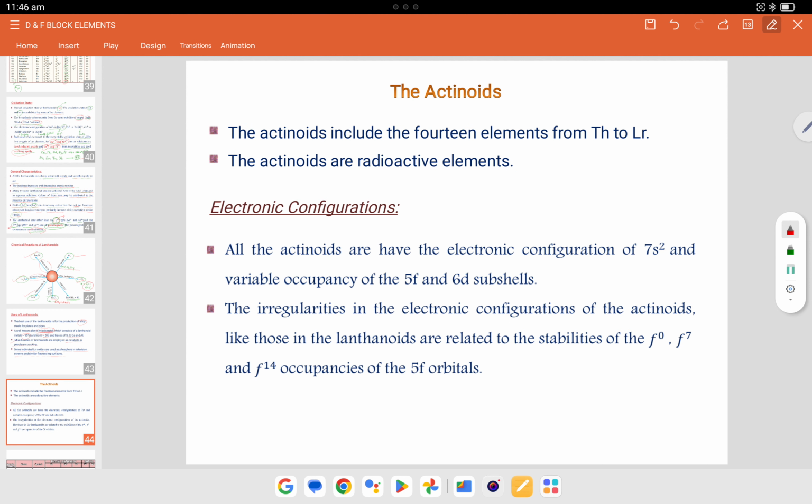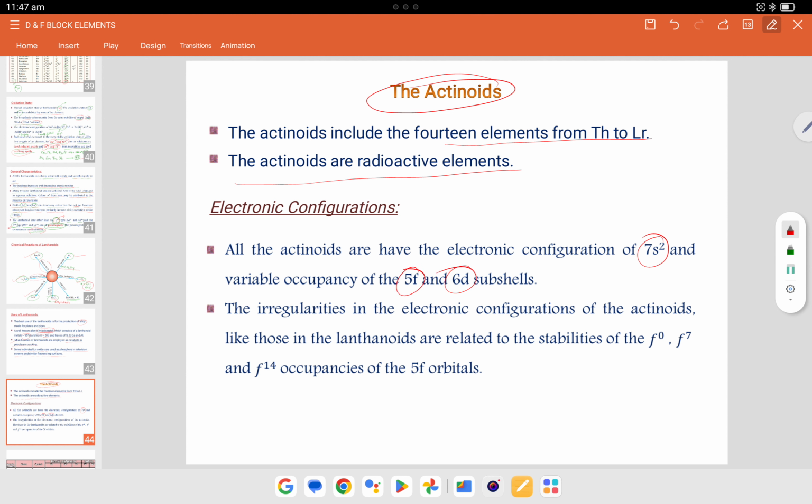Now come to the actinoids. The next topic is actinoids. The actinoids include the 14 elements from thorium to lawrencium. The actinoids are radioactive elements. All the actinoids have an electronic configuration of 7s2 and variable occupancy of the 5f and 6d subshells.